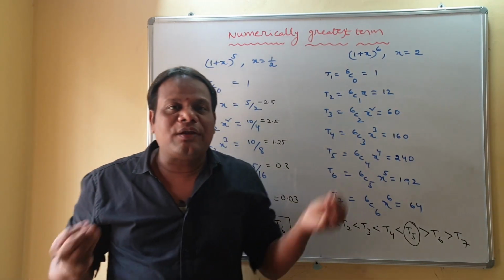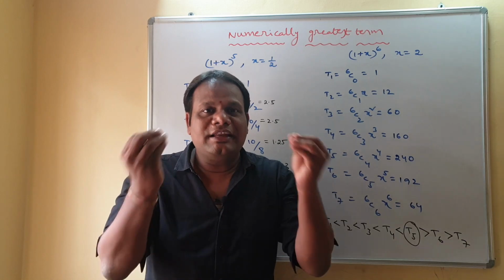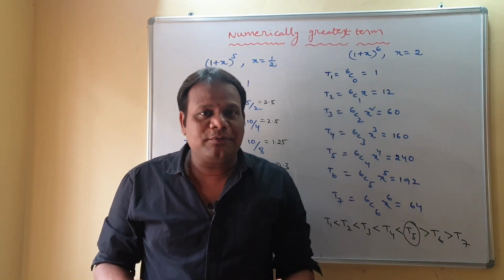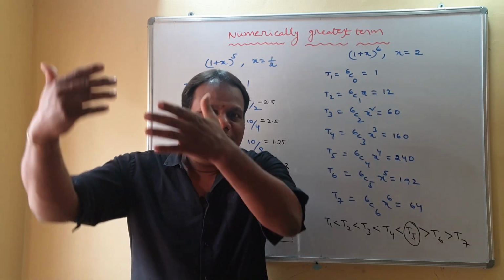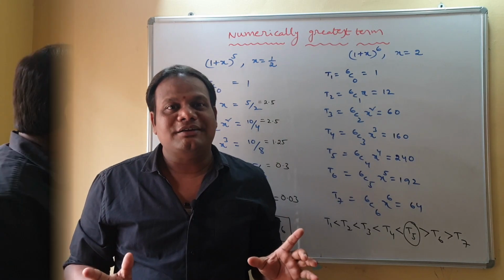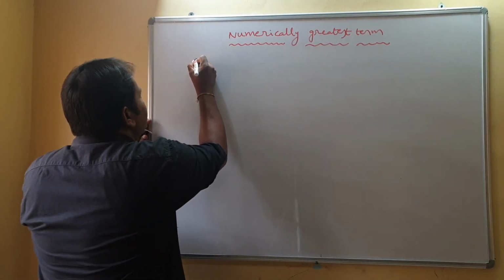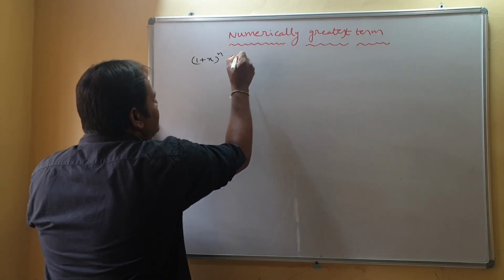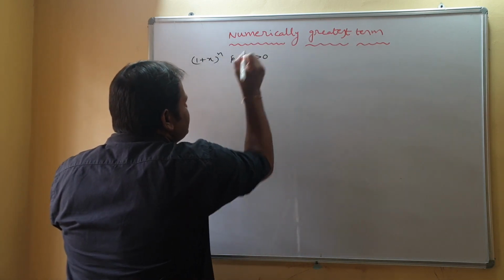So the conclusion from these two examples: in any binomial expansion, the terms increase till one term and after that the terms decrease. You should remember that. Suppose I am taking the binomial expansion (1 + x)^n and I am taking x > 0.